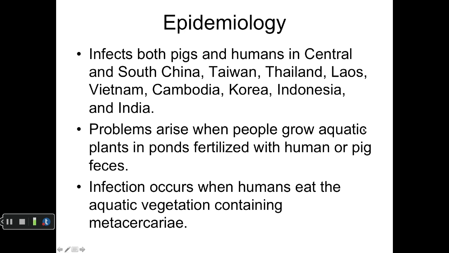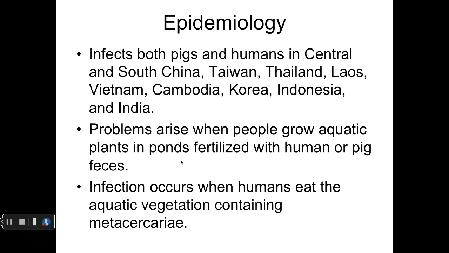The most common areas for this disease are Central and South China, Taiwan, Thailand, Laos, Vietnam, Cambodia, Korea, Indonesia, and India. Some of the behaviors that enhance transmission are when people grow aquatic plants in ponds that have been fertilized with pig feces or human feces. And this is not uncommon.